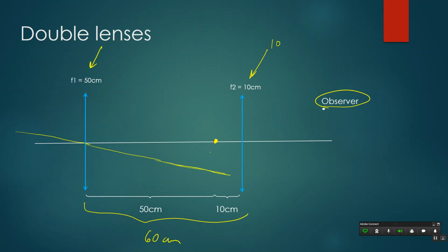And it kind of looks like that. There's your incident, and there's your refracted, right? And you know that the ray that goes through the center of your lens is going to go straight through, all right? Since you're looking at something that's coming from very far distance, all the rays are parallel. So if I have another ray coming in, it's going to be parallel to the one that I just drew. Okay, well, maybe I could draw it a little bit better.